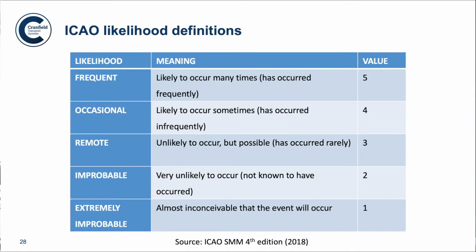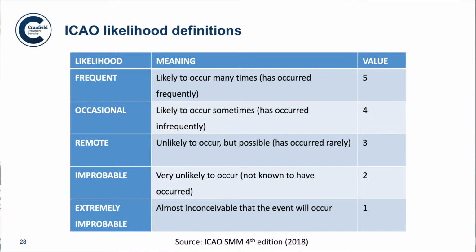Do these definitions work for both organisations? I'd say not, because when we say frequent, likely to occur many times, has occurred frequently, are we talking about in our own individual experience, our own organisation, or are we talking about across the industry in general?